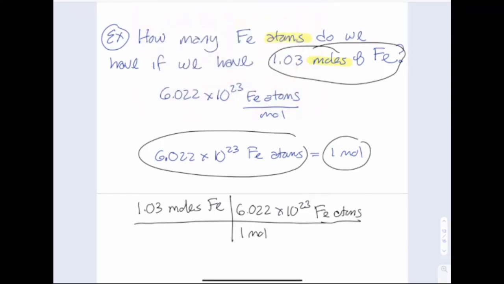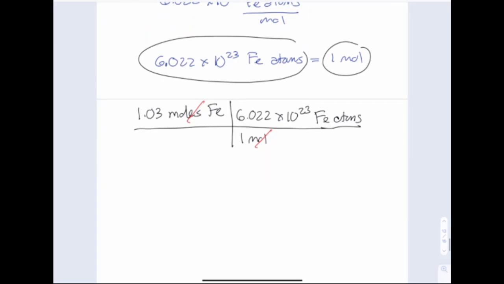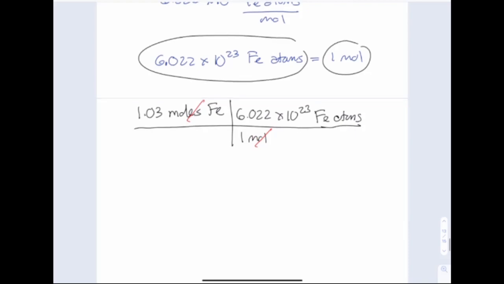And cancel. I am grabbing my calculator. And I get 6.20 times 10 to the 23rd iron atoms.